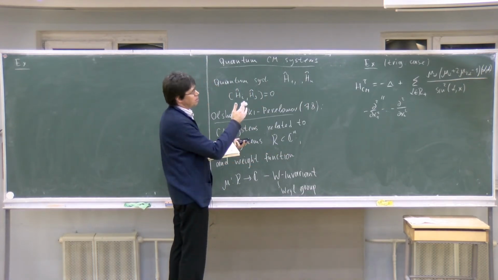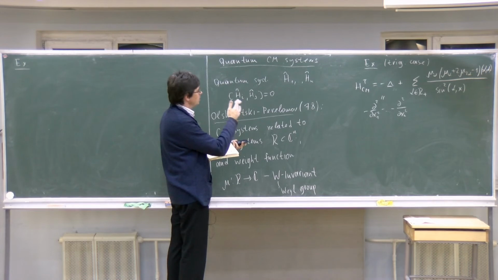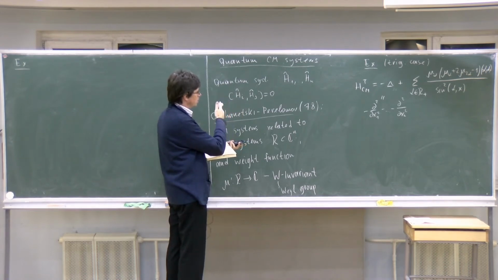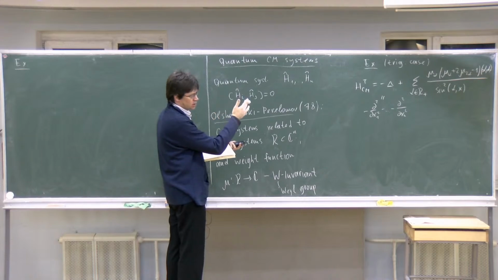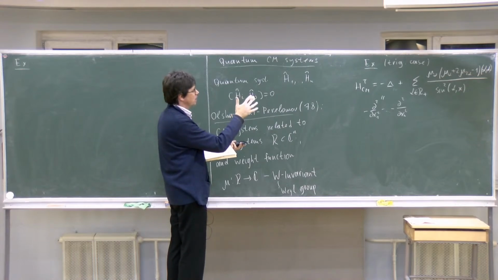Maybe in the original example of Olshanetsky and Perelomov they considered just a special root system with multiple roots, but nevertheless this result is very general.